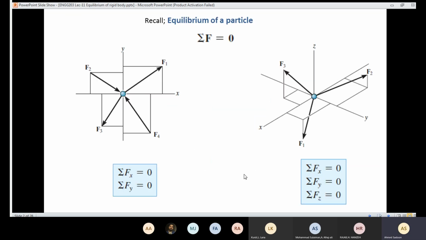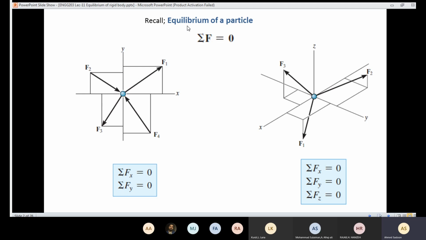So recall in chapter 3 we talked about equilibrium of a particle. And in order to satisfy the equilibrium of a particle, we said that the summation of the forces acting upon the particle, either in 2D or 3D, summation of the force vectors should equal 0.